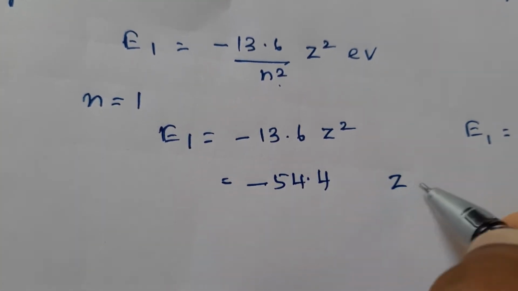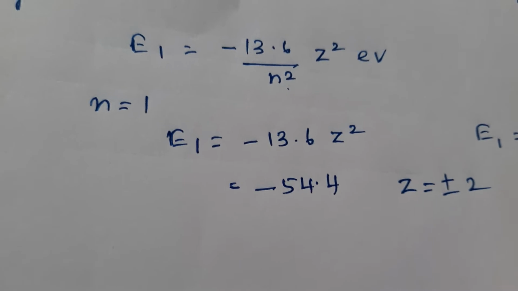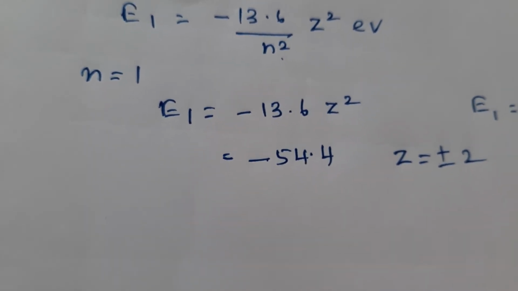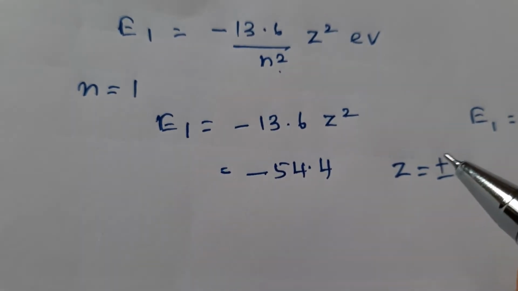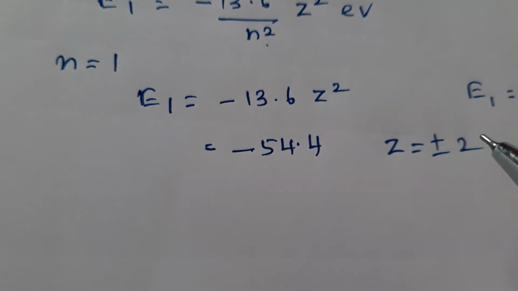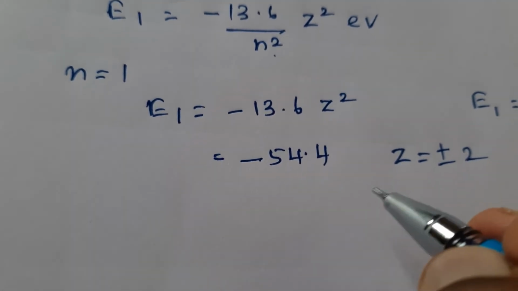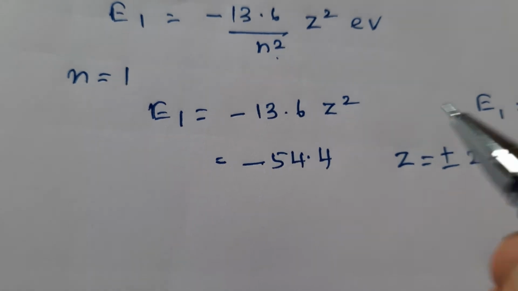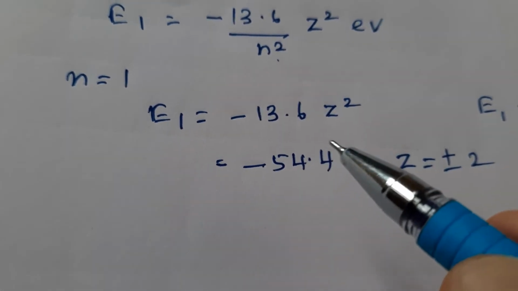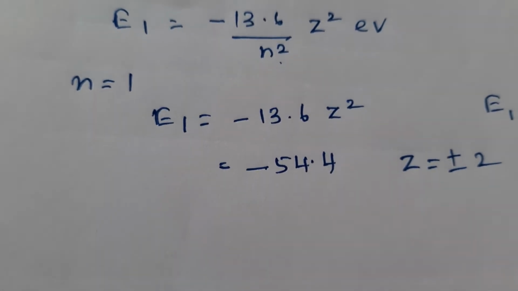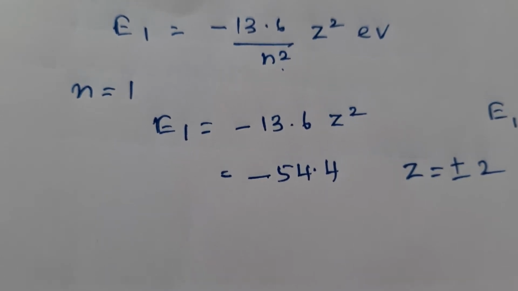Your Z value should be plus or minus 2. But Z cannot be a negative number. So in order to get -54.4, your Z value is 2. So the atomic number is 2.